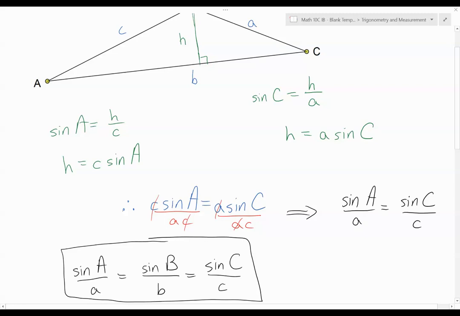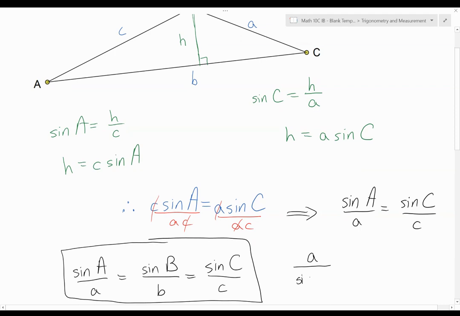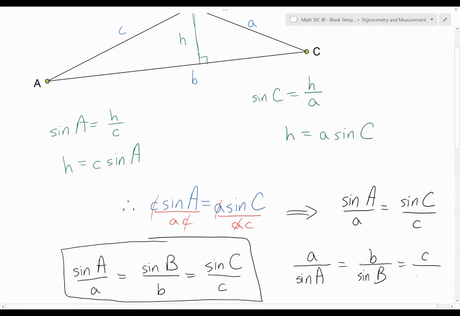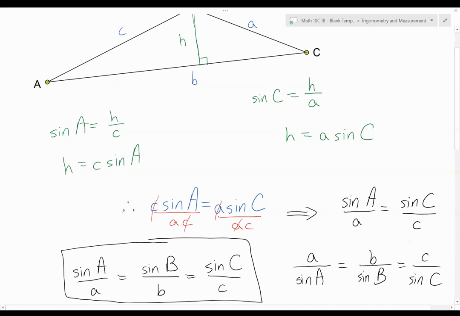So if I know, let's say, two sides and an angle, or I know two angles and a side where one of them is a pair of opposites, then I can use this law to figure out missing measurements. Because I can simply flip everything over, I could also write this as side a over the sine of angle A equals side b over the sine of angle B equals side c over the sine of angle C. That's an alternate way of expressing the sine law.